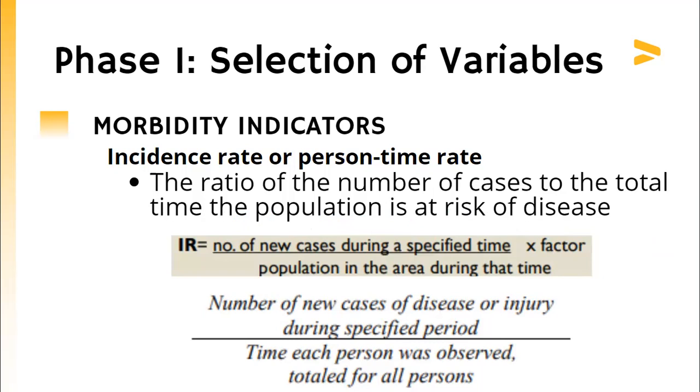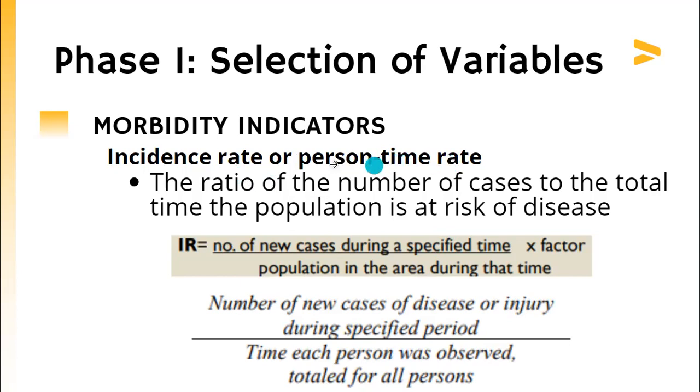Your incidence rate is also known as person time rate, or in abbreviation IR. All right. So how do we compute this? In the numerator, this is represented with the number of new cases during that specified time. Because again, incidence rate is an expression of person time rate.